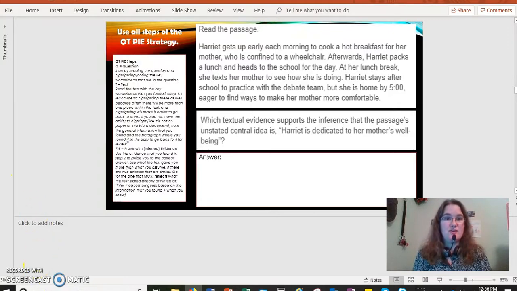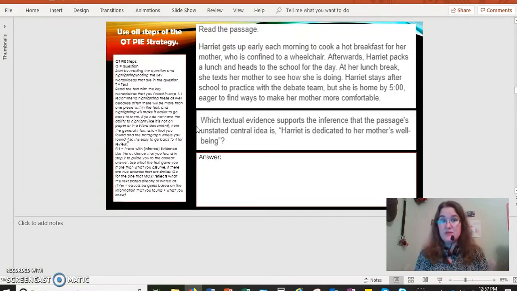So to start off with, we use the Q, so that means that we go to the question first, which is not something that we tend to do, right? We just jump right in and start reading, and then you look at the question, and then you get all confused. So first look at the question that's being asked. Which textual evidence supports the inference that the passage's unstated central idea is Harriet is dedicated to her mother's well-being?